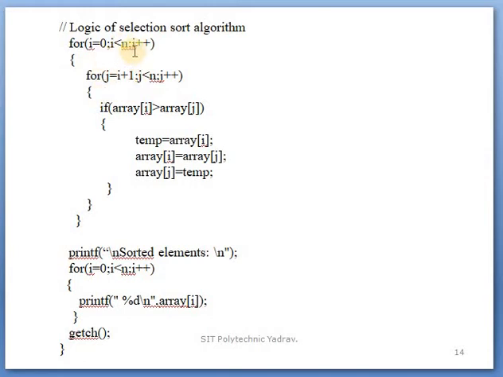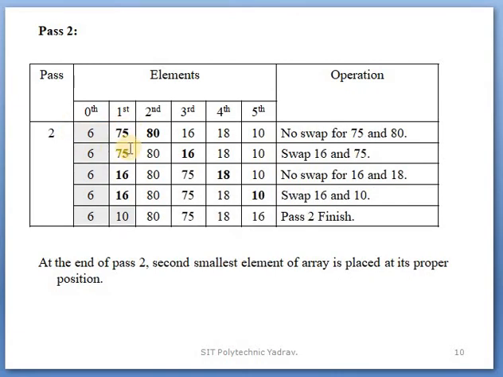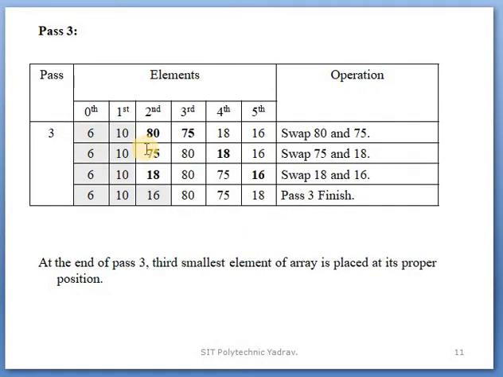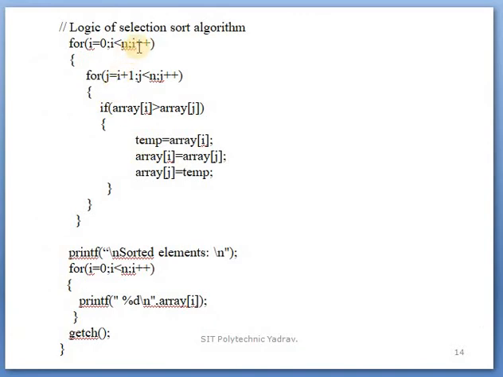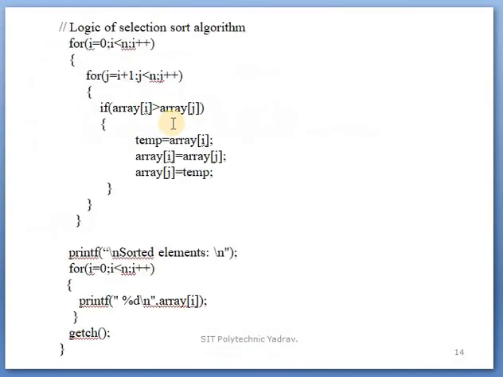Going to the next position or next index, in the second pass, the first element. i is already 1, 1 plus 1 is 2, so i of 1 and j of 2 are checked in pass 2.